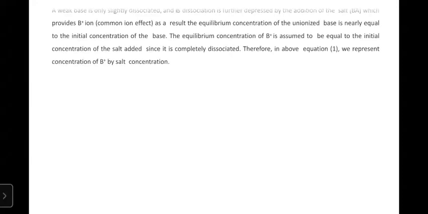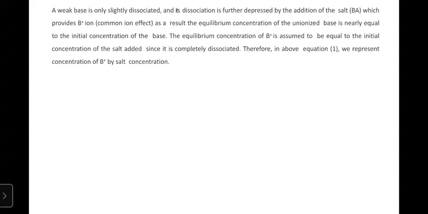The same thing we discussed for the acidic buffer. See what happens here. A weak base is only slightly dissociated, right? And its dissociation is further depressed by the addition of the salt BA, which provides B plus ions, that is the common ion effect. As a result, the equilibrium concentration of the unionized base is nearly equal to the initial concentration of the base. The equilibrium concentration of B plus is assumed to be equal to the initial concentration of the salt added, since it is completely dissociated, right?